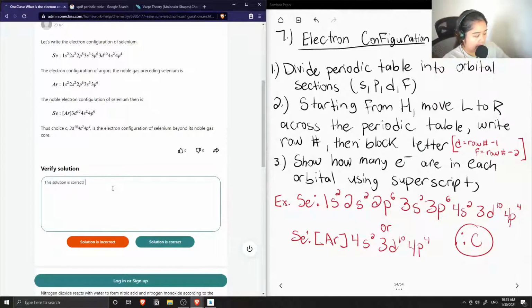And then I'm just going to put in brackets that s orbitals should only hold a maximum of 2 electrons.